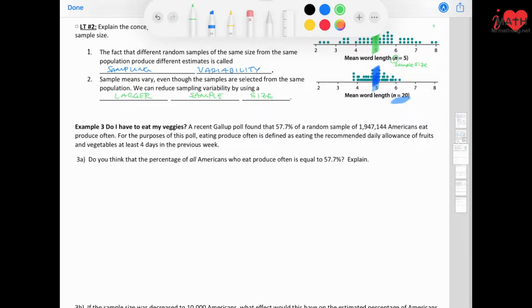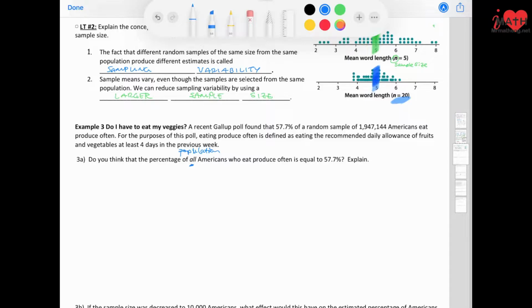For the purposes of this poll, eating produce often is defined as eating the recommended daily allowance of fruits and vegetables at least 4 days in the previous week. Do you think that the percentage of all, okay, this is the population, right? Americans who eat produce often is equal to 57.7%.